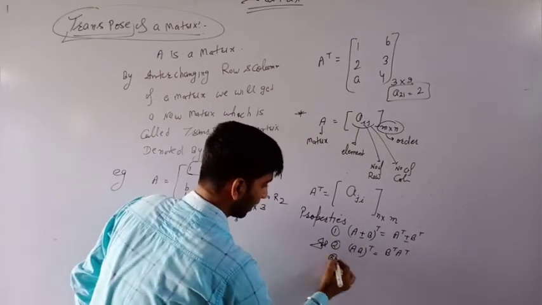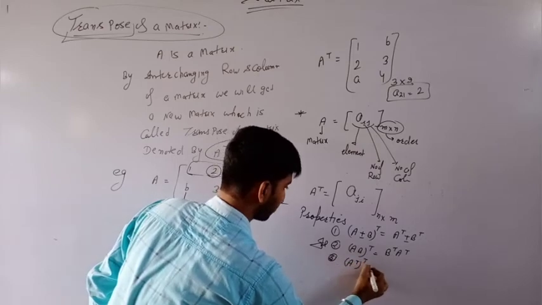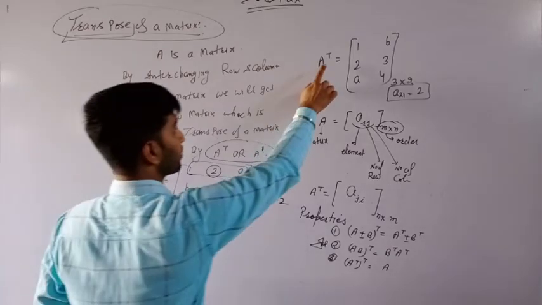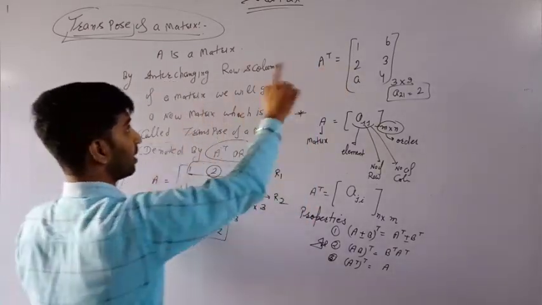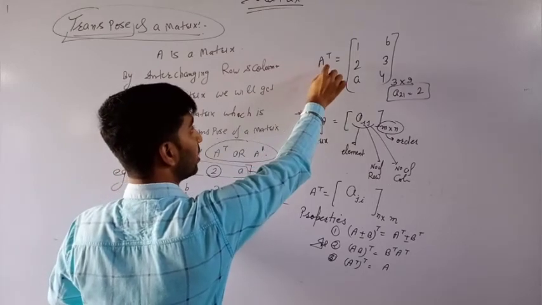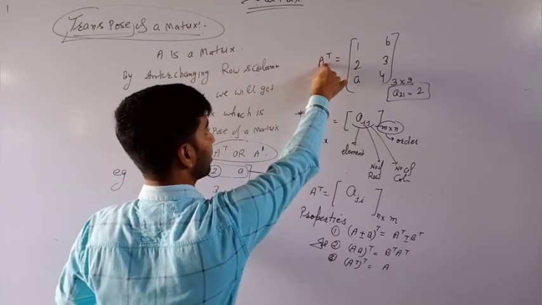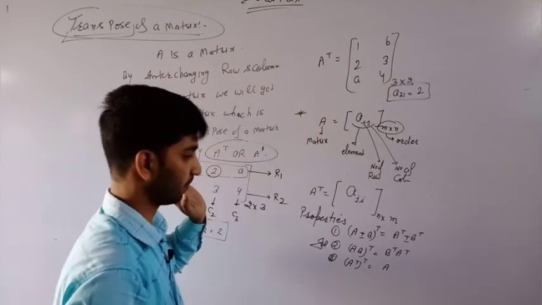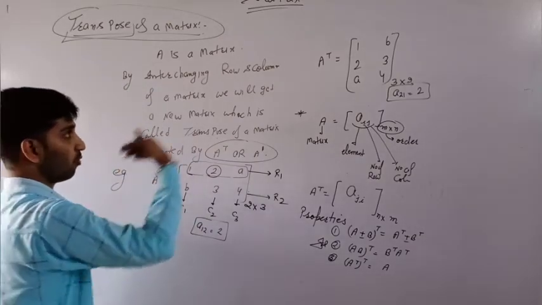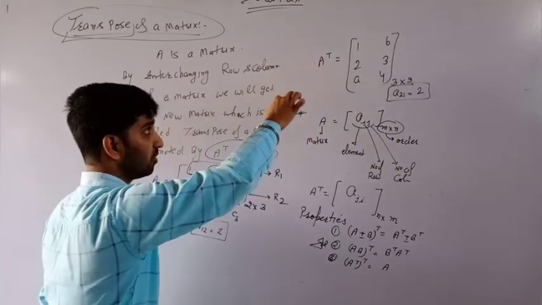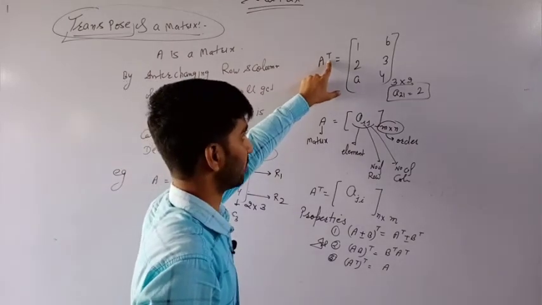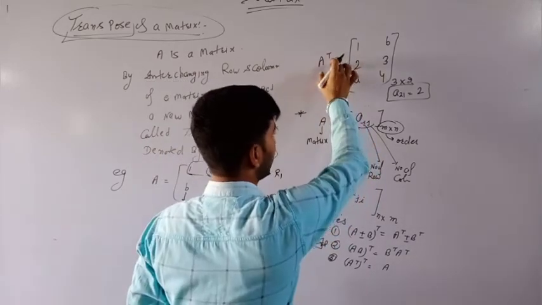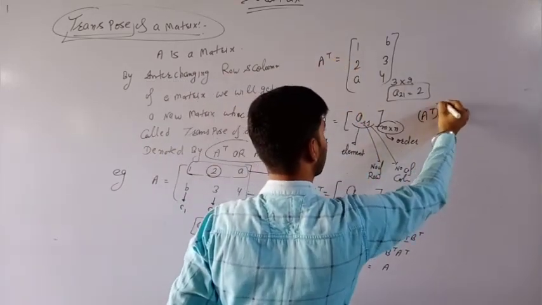And the third property is that if we find the transpose of a matrix A and again find the transpose of this A transpose, then we will get A again.